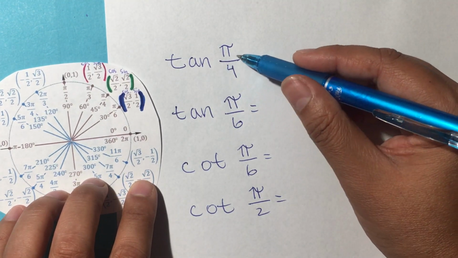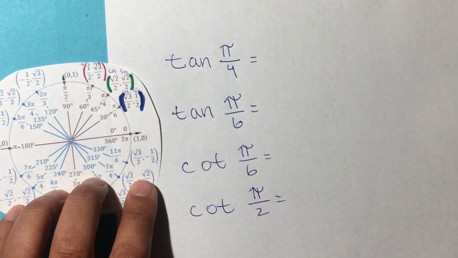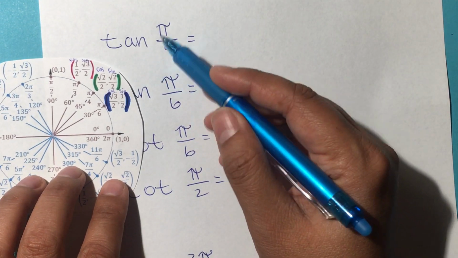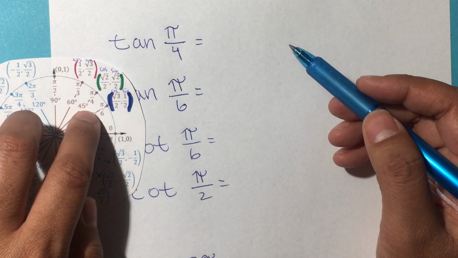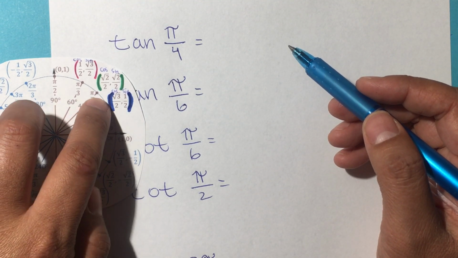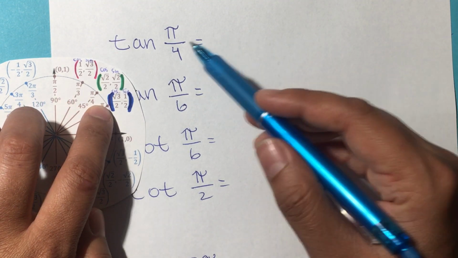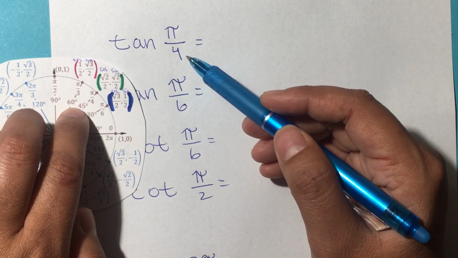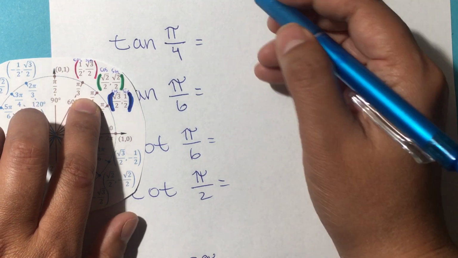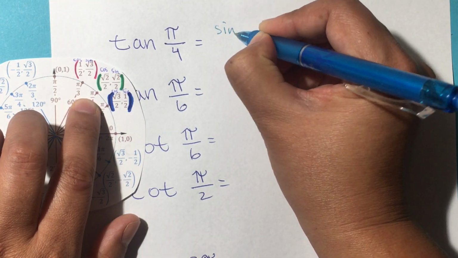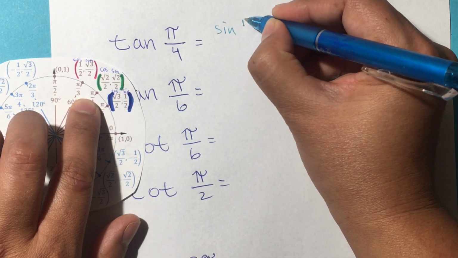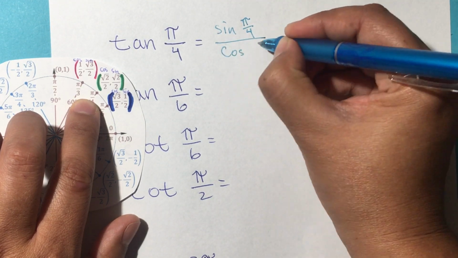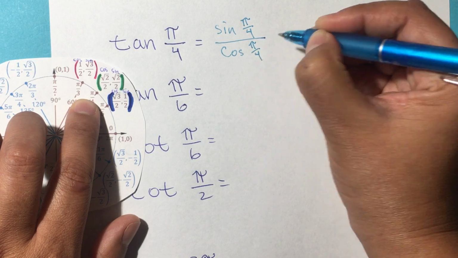And so for tangent of pi over 4, the only thing that we're doing now is that we're using the radians in here. So we're not going to be looking at the degrees, we're going to be looking at the radians. And so tangent of pi over 4 is the same as tangent of 45 degrees. So similar, it's going to be sine of pi over 4 divided by cosine of pi over 4, okay?